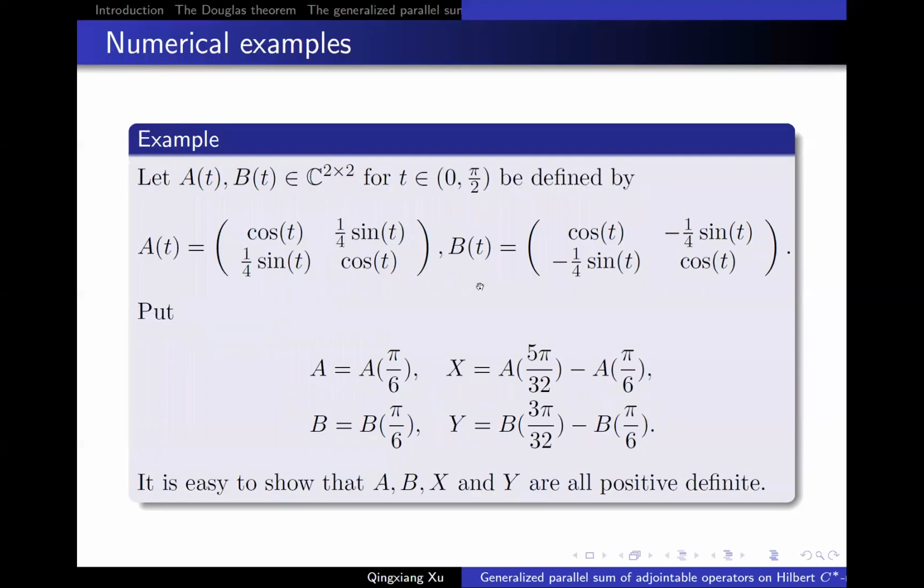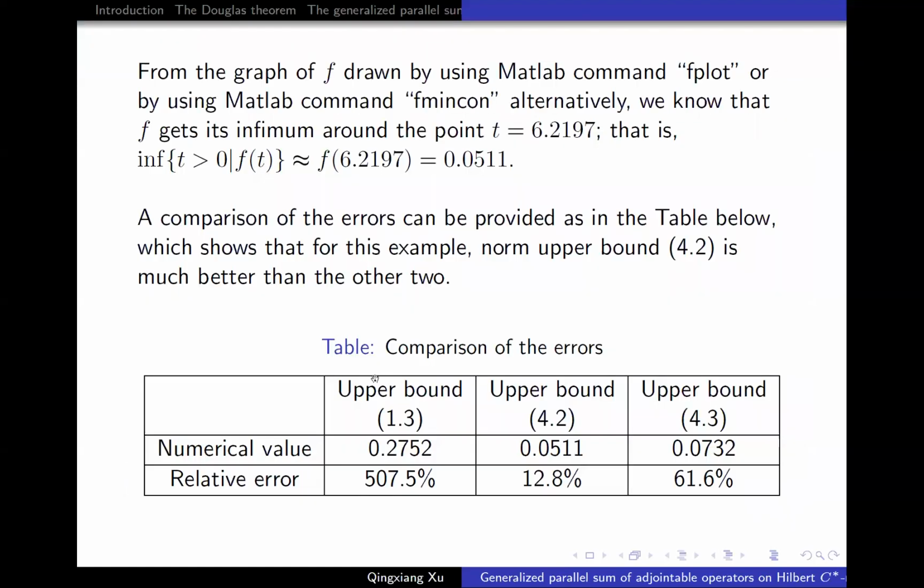Okay, now let me show you two numeric examples. First, we construct A, B, X, Y as positive definite matrices in this way, because for every t, it can be shown that all these A(t) and B(t) are positive definite. For this example, we can make a comparison between three bounds.